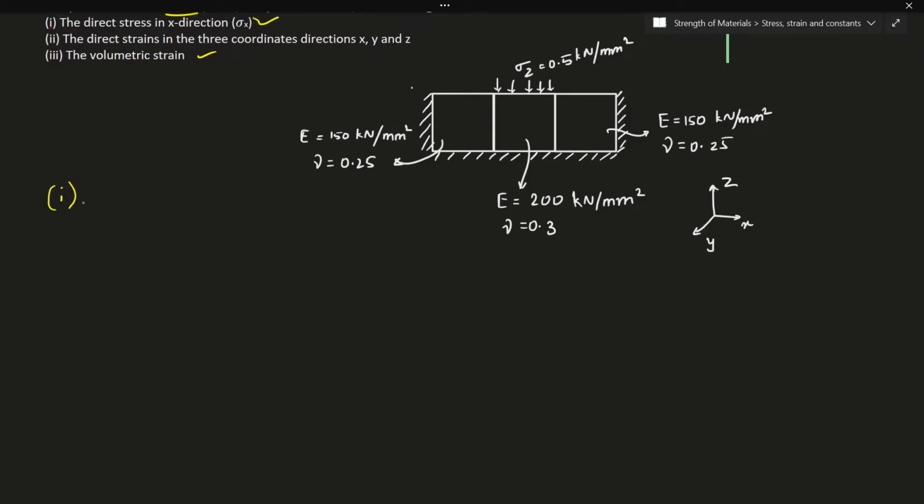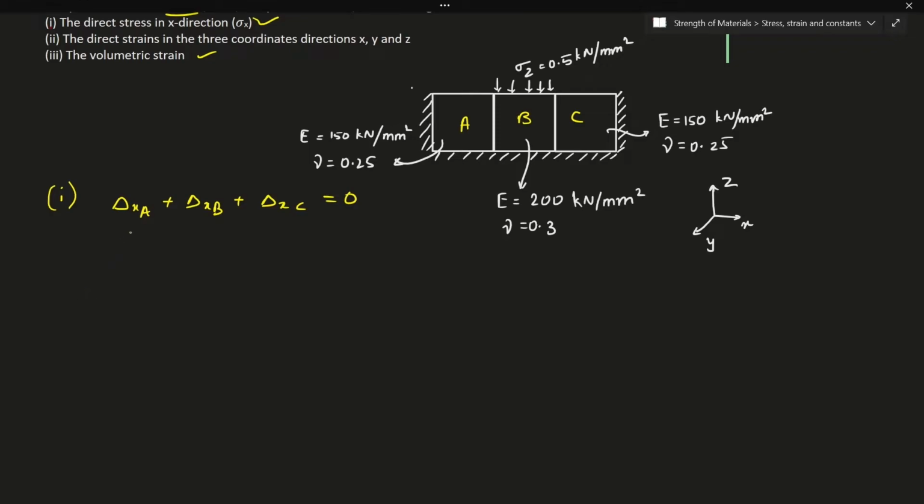To find out the direct stress, I'll have to go with the compatibility equation. First of all, I'll name the cubes as A, B, and C. I'll only consider this in the x direction: delta XA plus delta XB plus delta XC totally is 0.